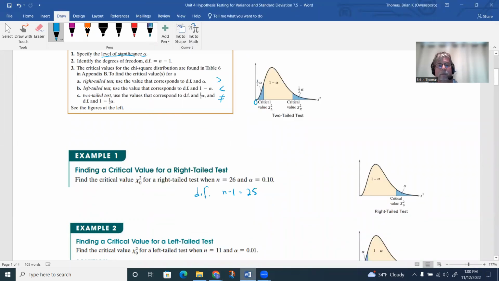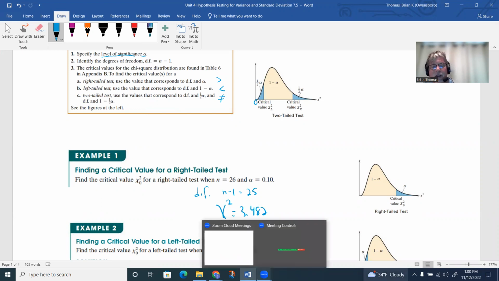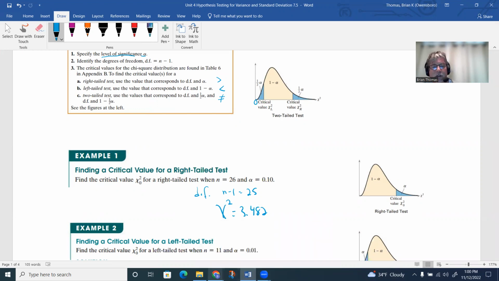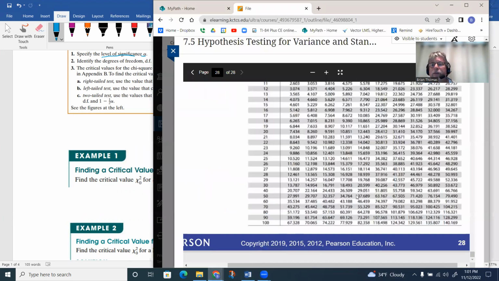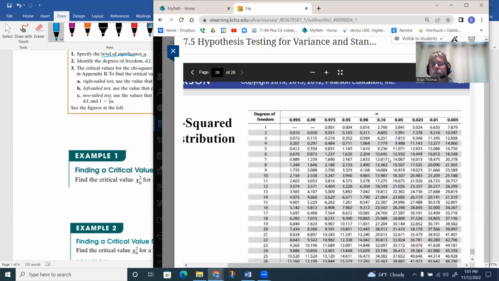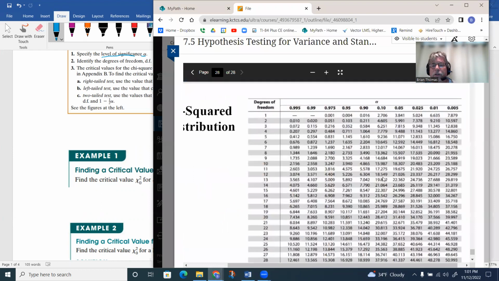So our chi-squared is going to be then... I lost my mind there. I was trying to play with my pencil here and lost myself. So 0.10 and 25.